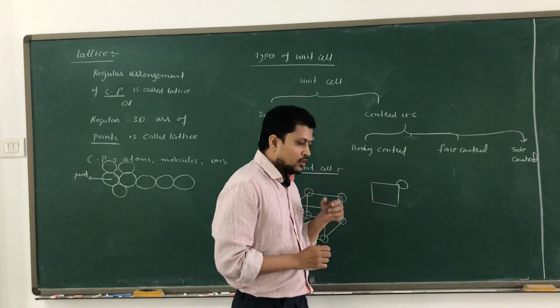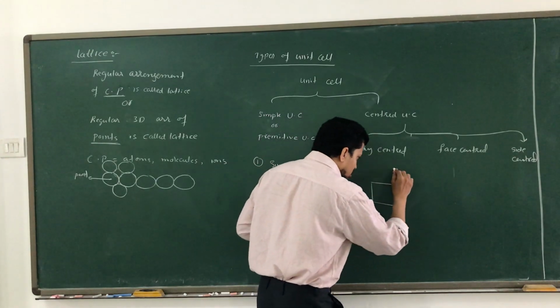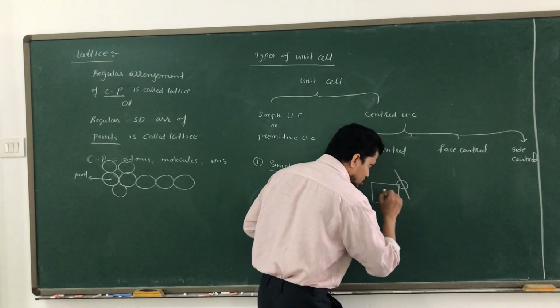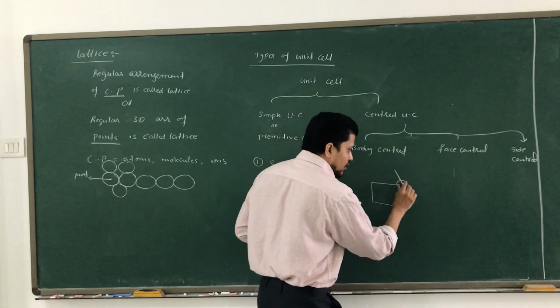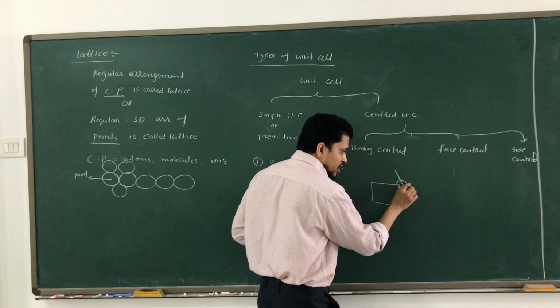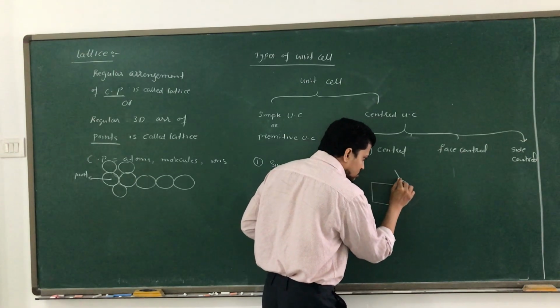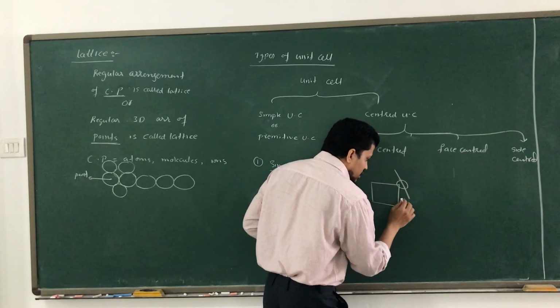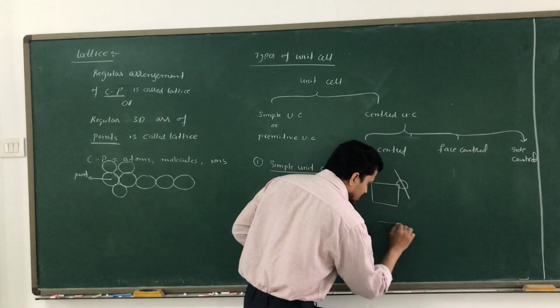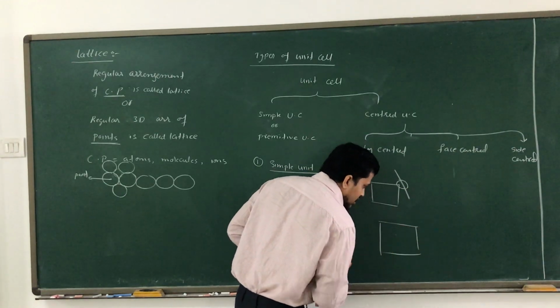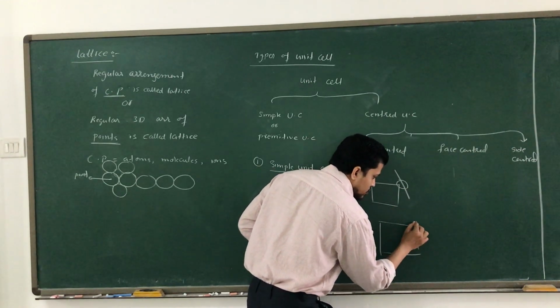That we need to understand. If I divide this particular atom into two, then half is going to be separate only, half is not at all contributing to this. In the unit cell, if I draw only half, it will be in this way.